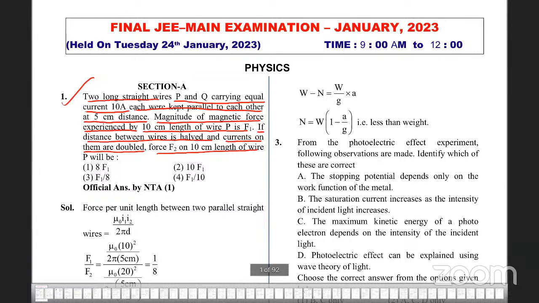This is very straightforward. This problem is based on the force acting per unit length of a current carrying conductor, which is mu naught I1 I2 by 2 pi r.